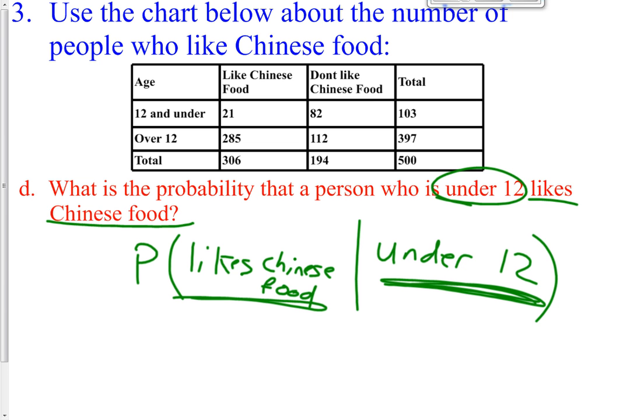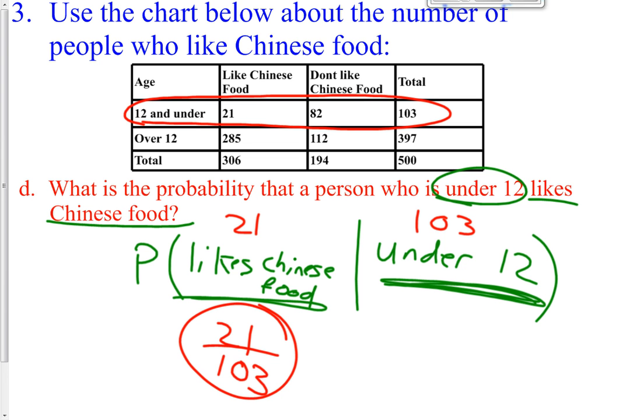Which people are under 12? It's the 103 that are under 12. And then which people of those like Chinese food? The people who like Chinese food is the 21 over 103. 21 divided by 103. There's our answer for question 3, letter D.